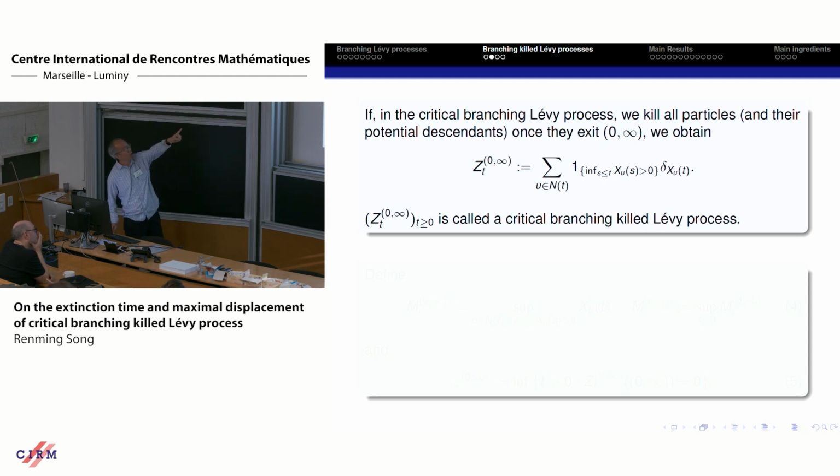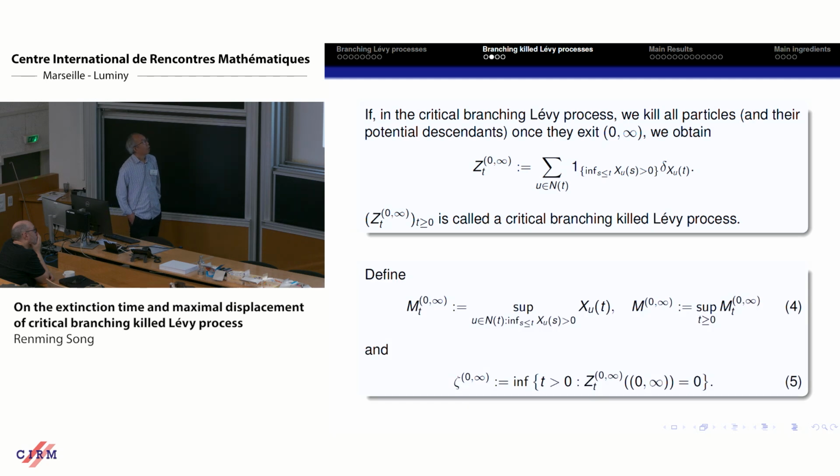You basically look at all the particles which are alive at time t but have never reached 0 or below, and you collect them all together and call it Z_t on the positive half-line. This point process is what I call, in the title, a critical branching killed Lévy process. Critical means that the offspring distribution is critical, so the mean is 1, but the spatial motion is killed.